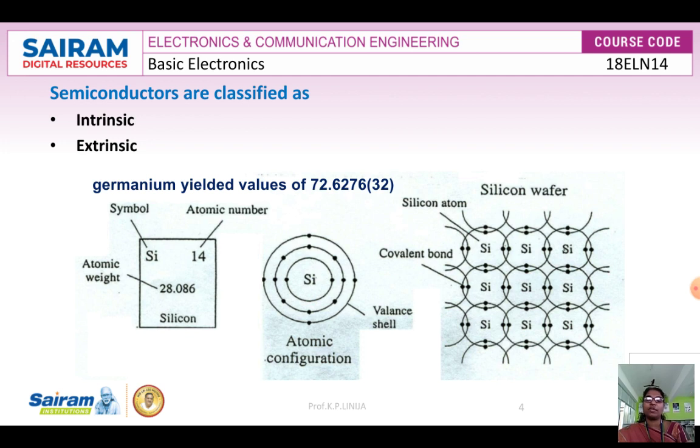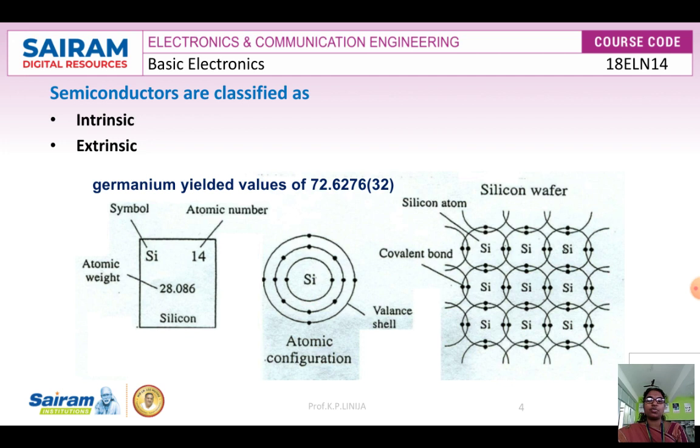This is the basic structure of silicon; the atomic configuration and the crystalline structure are shown. The symbol of silicon is Si, and the atomic number of silicon is 14. The diagram shows that the atomic weight is 28.086.